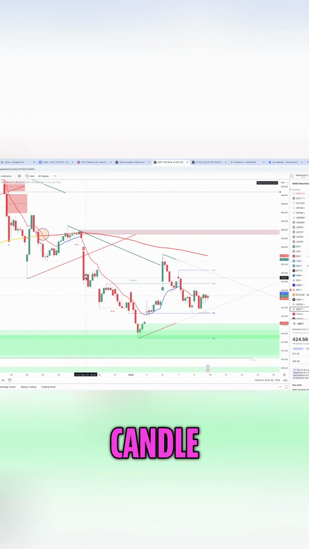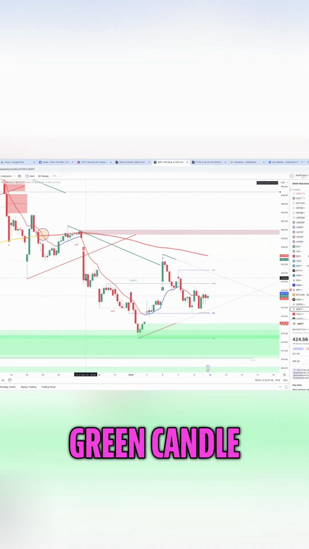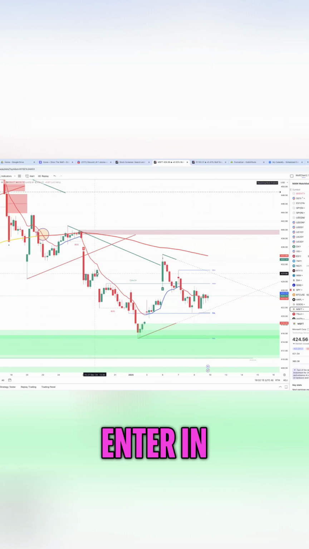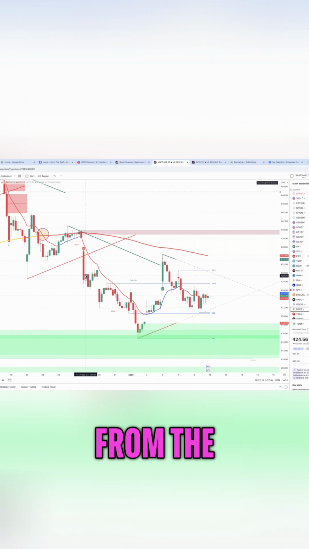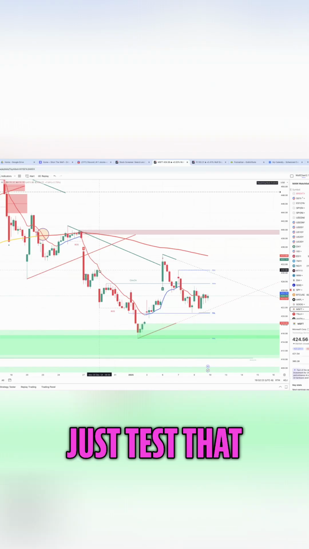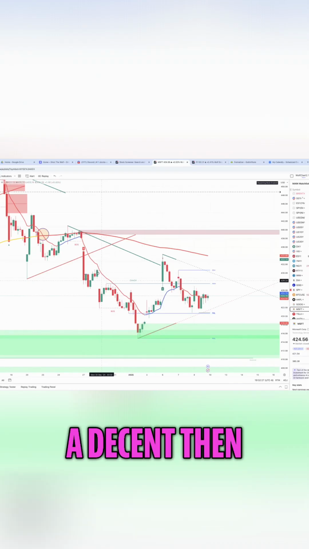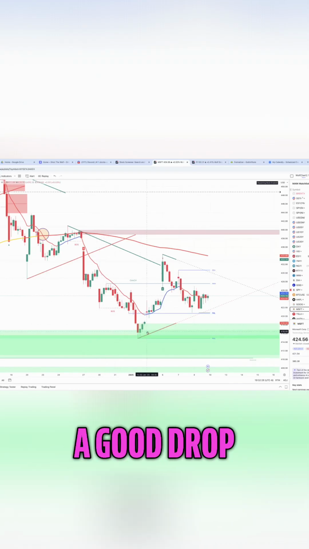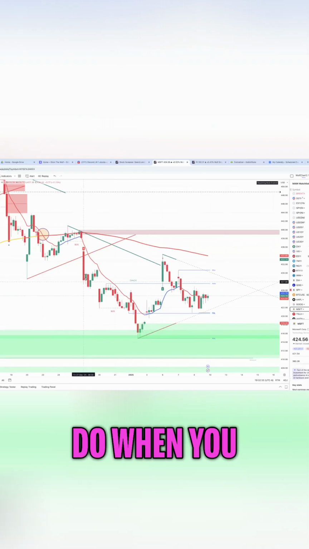If it's a decently strong green candle, in most cases you want to enter close to your test of the 12. If you're far away from the 12 EMA, you want price to come up and test that 12 EMA, and then you enter your trade and you can get a good drop. That's what you want to do when you get your confirmation.